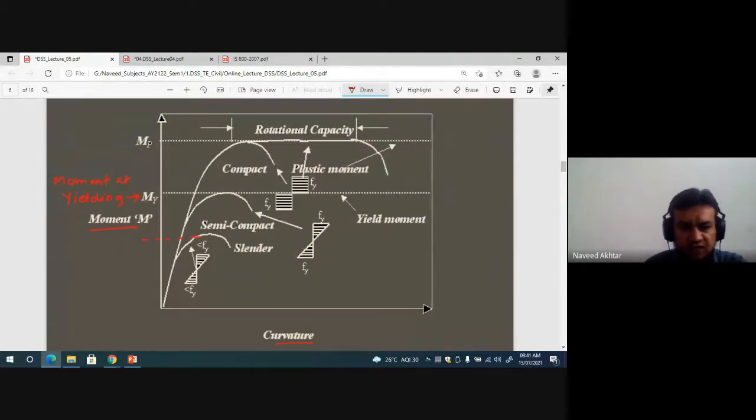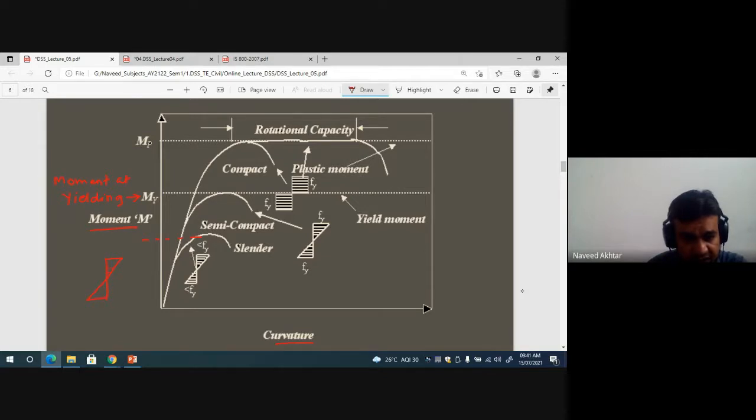So when a section buckles or bends or deflects before reaching its yield moment, that section is called a slender section. You can see here, when you make the stress diagram, sometimes it is asked in examinations.